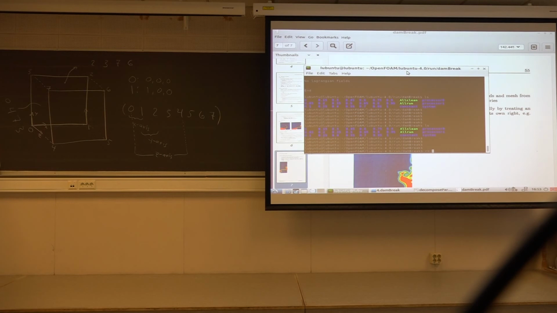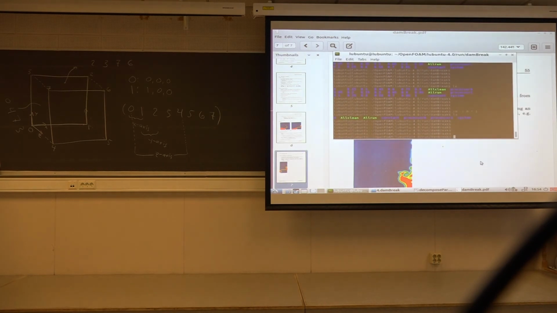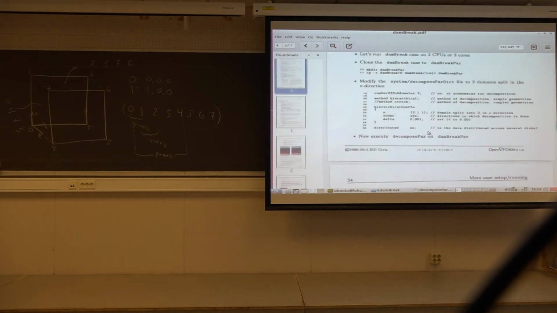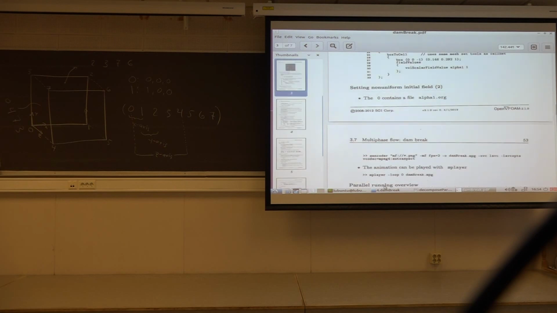So now if I just remove again everything, 0 dot star, I need rm minus r, and also the 1 folder, like that. Now I'm back to the single system here, and I just write, what was it? interFoam, was it?